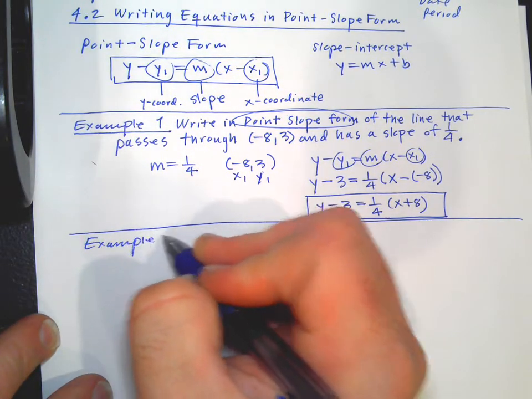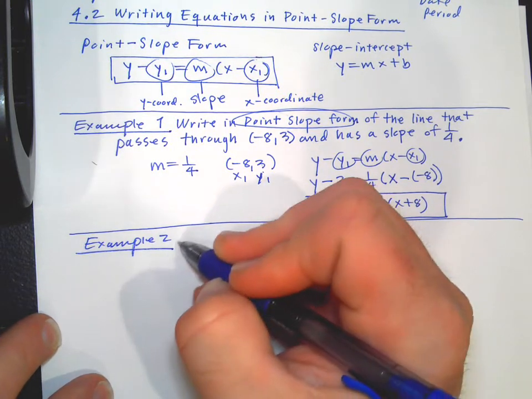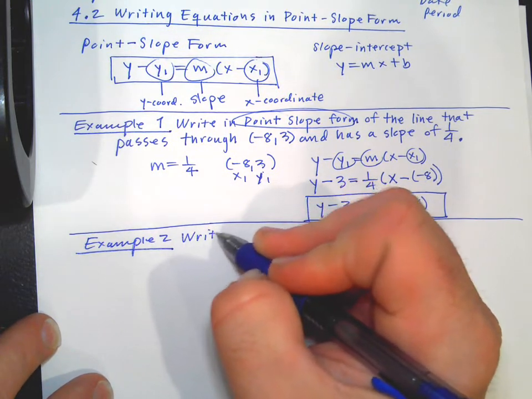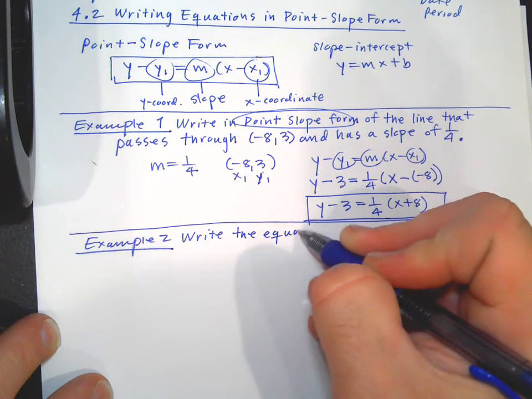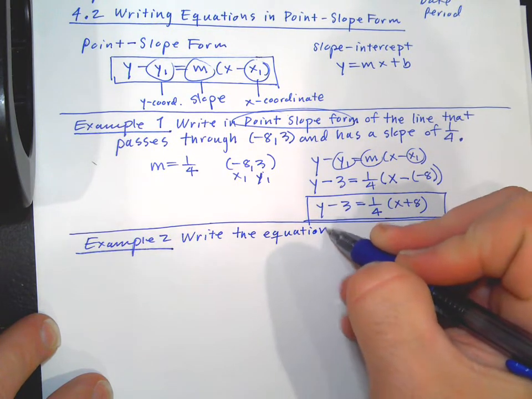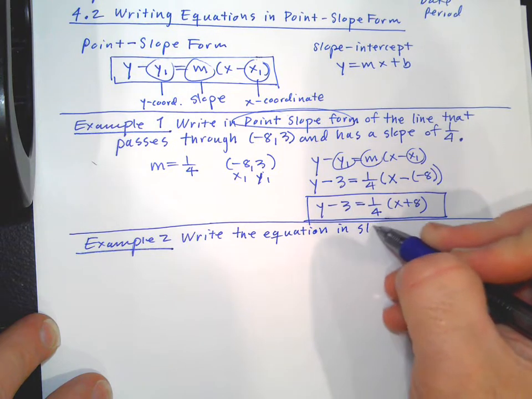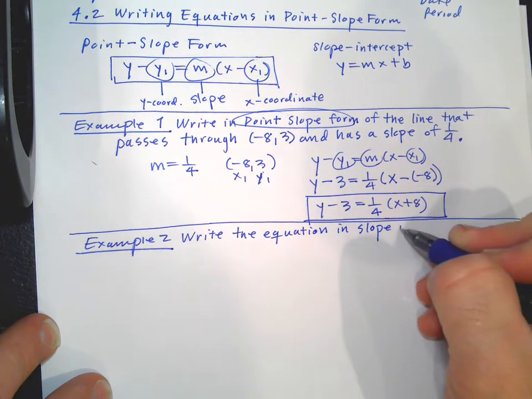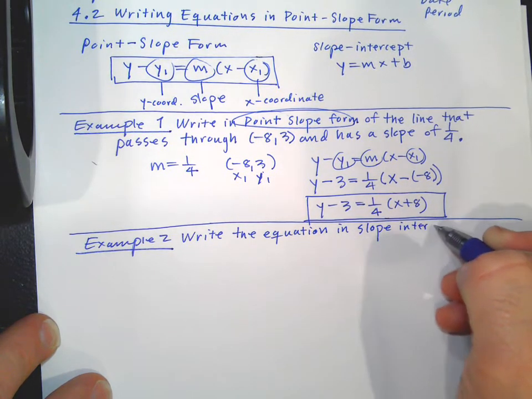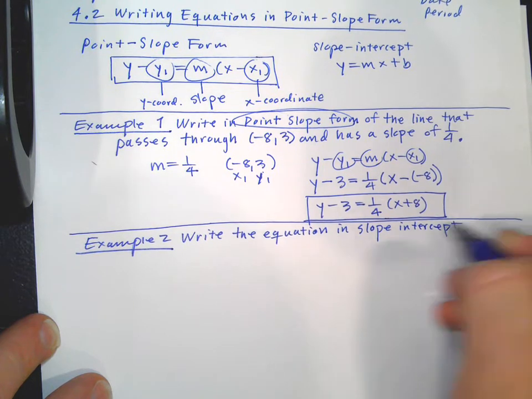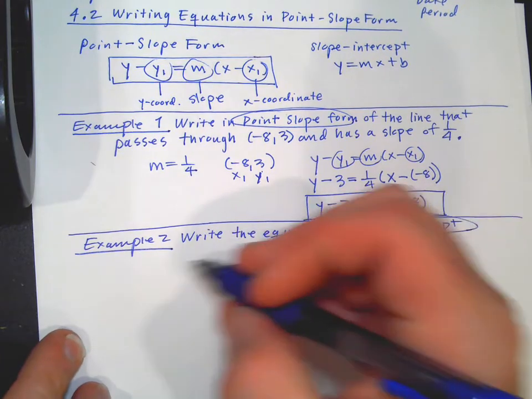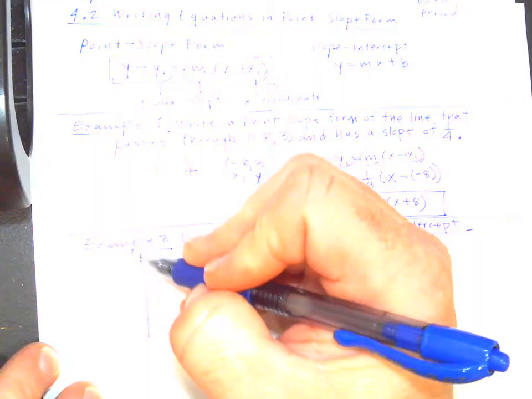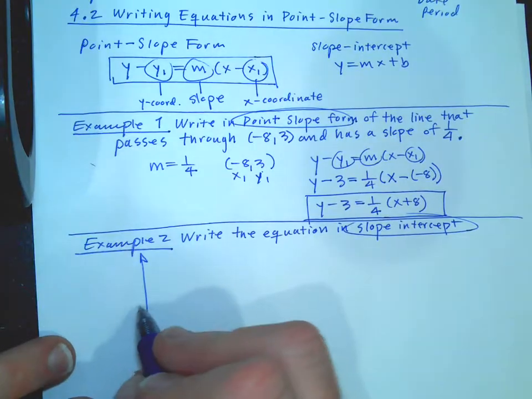Example 2. Okay, directions will say write the equation in slope intercept form. So when you're reading this, you're like, ooh, I need slope intercept, which is what we were doing before. I'm going to give you a picture of the graph, which we've done before.